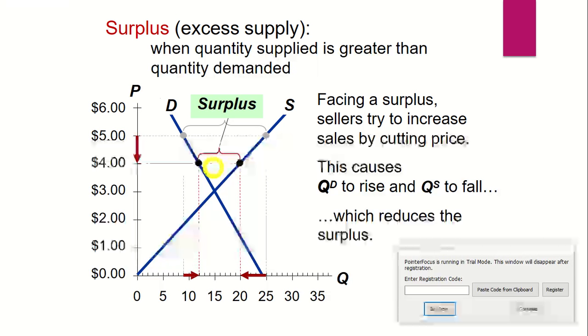Here you can see that 12 is the quantity demanded and 20 is the quantity supplied. So 20 minus 12 is equal to 8. So we have a surplus of 8 lattes here. These red dotted lines are showing the surplus.